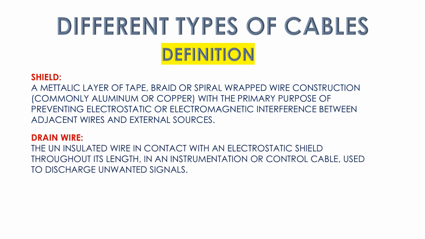Drain wire: the uninsulated wire in contact with an electrostatic shield throughout its length in instrumentation or control cable, used to discharge unwanted signal. If you're doing the testing, you will become familiar with all of this. And also if you are a technician or QC inspector, of course you will be familiar with this drain wire.